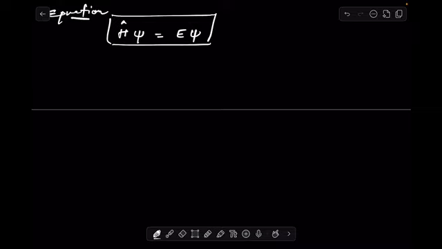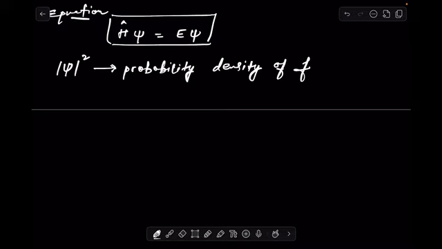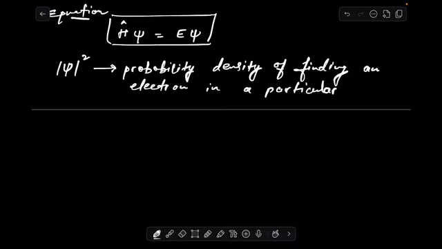So basically, the square of this wave function, psi square, gives what? This is the probability density of finding an electron in a particular region.